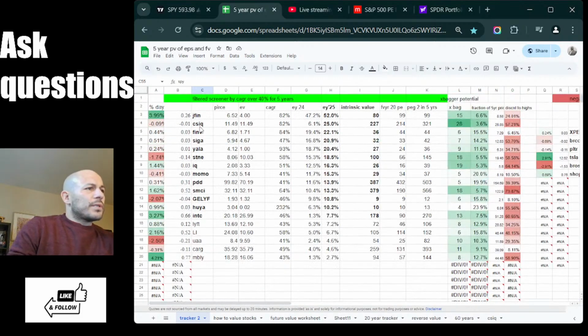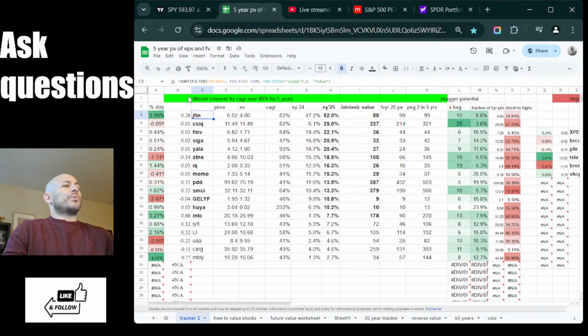And I do that using this function here, which is a filter and a sort. I just learned how to do this and I think it's awesome. I definitely recommend it.